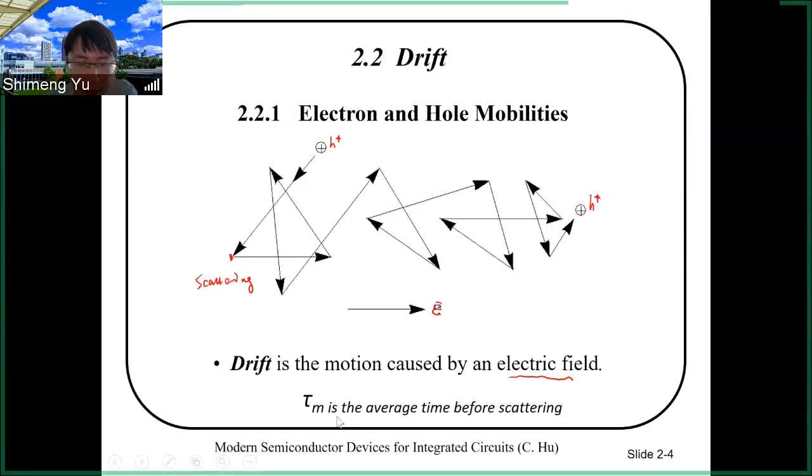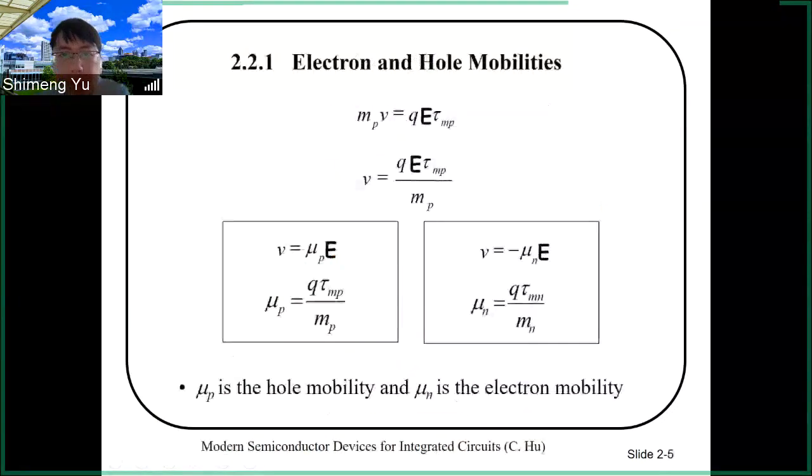And the tau m here is defined as the average time before the scattering. That is from scattering 1 to scattering 2, those two events. The tau m time is the average time between those two scatterings. And then we can think about the momentum of this drift motion.